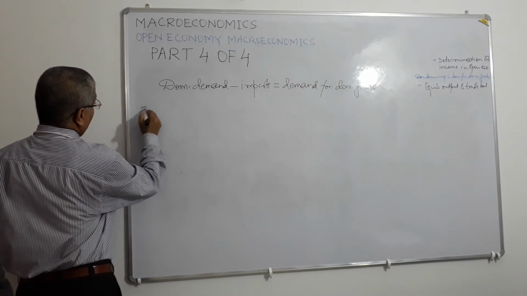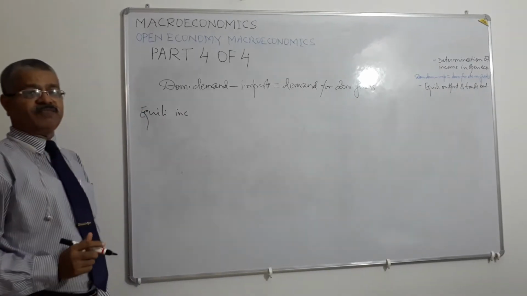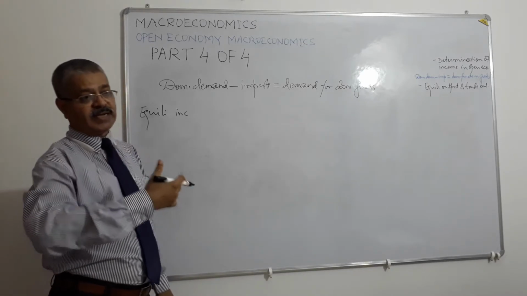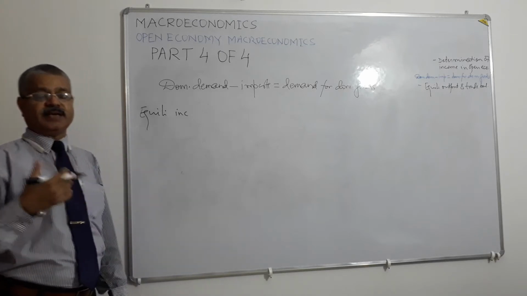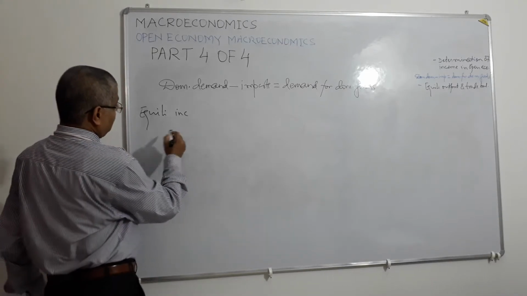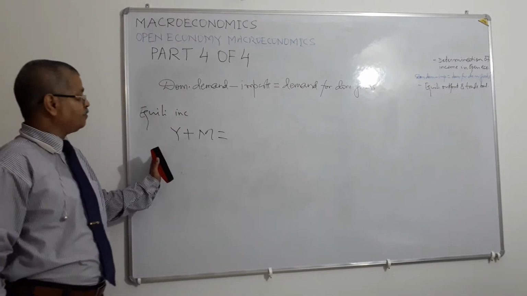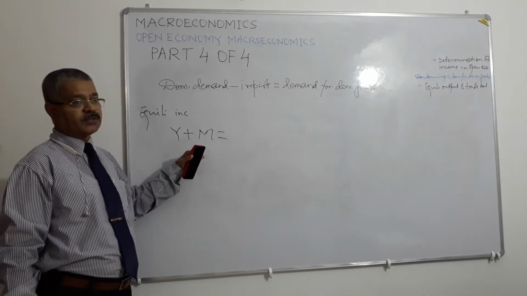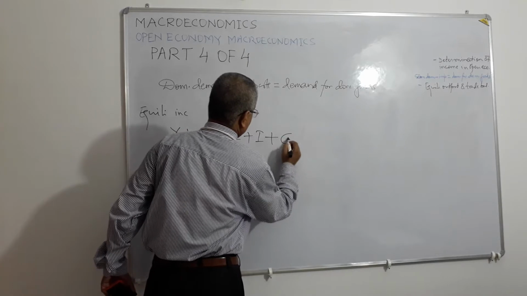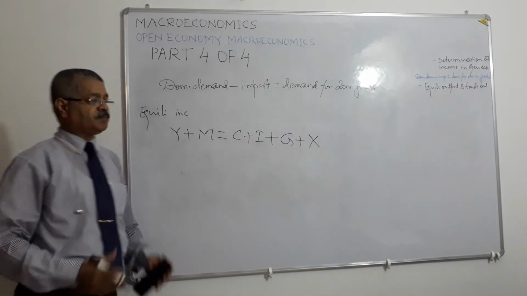So equilibrium income, which we say Y, equilibrium, national income identity. The national income identity for an open economy, what will it be? It will be Y plus M. What is Y? Domestic income. What is M? Imports. It is equal to consumption plus investment plus government expenditure plus exports.